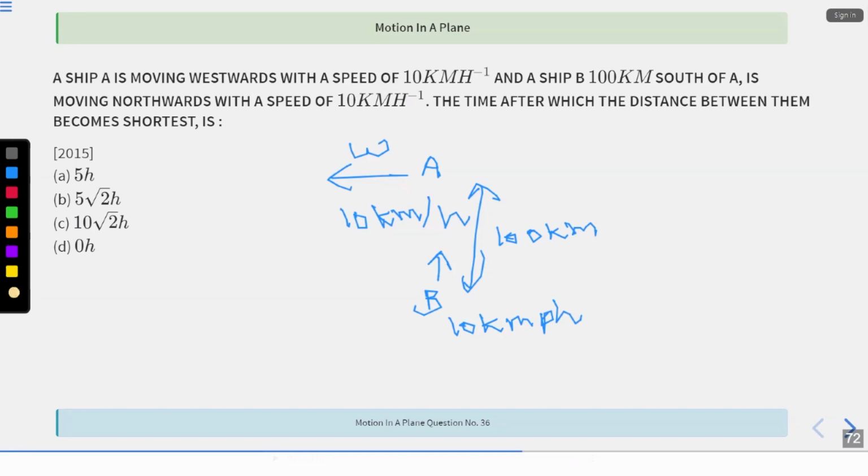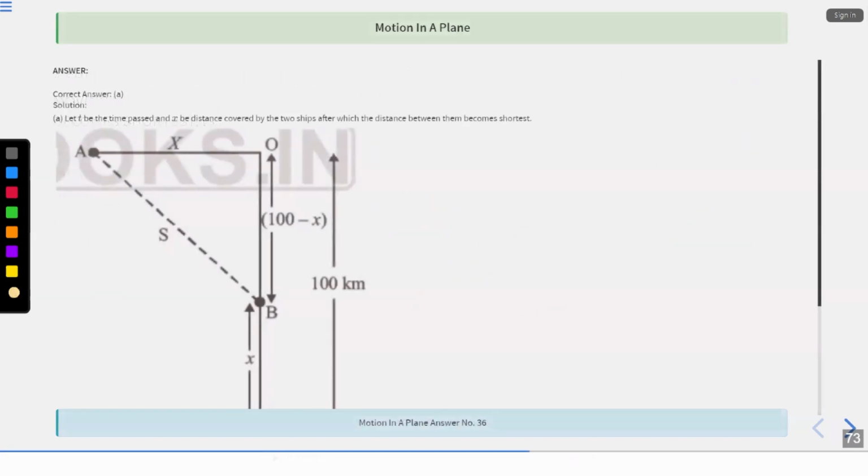So this is also similar to the swimmer and river problem. Again, the concept is swimmer-river, but instead of a swimmer we have a ship, two ships basically. So let's calculate this.